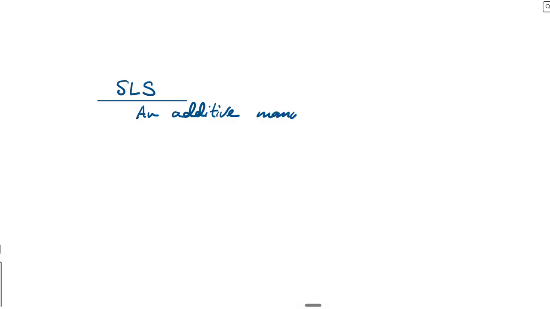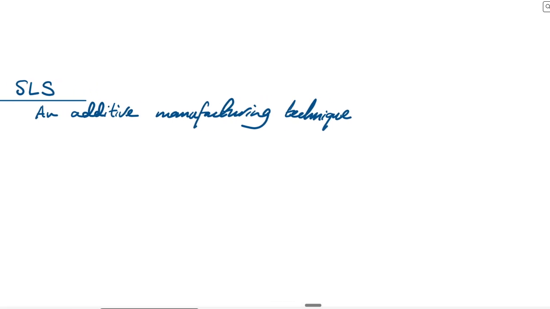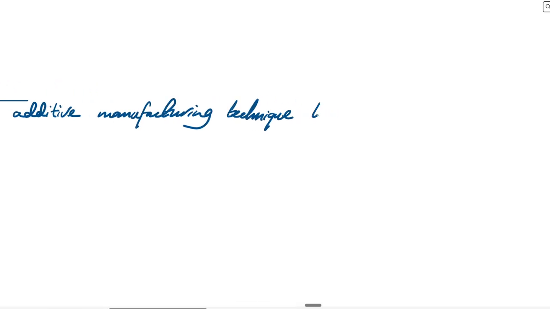Okay, first let's define SLS. SLS. Okay, no need for the arrow. Okay, that's perfect. So SLS, we already mentioned, is an additive manufacturing technique, right? This is all from the glossary of terms and mark scheme. So an additive manufacturing technique, this is our definition.